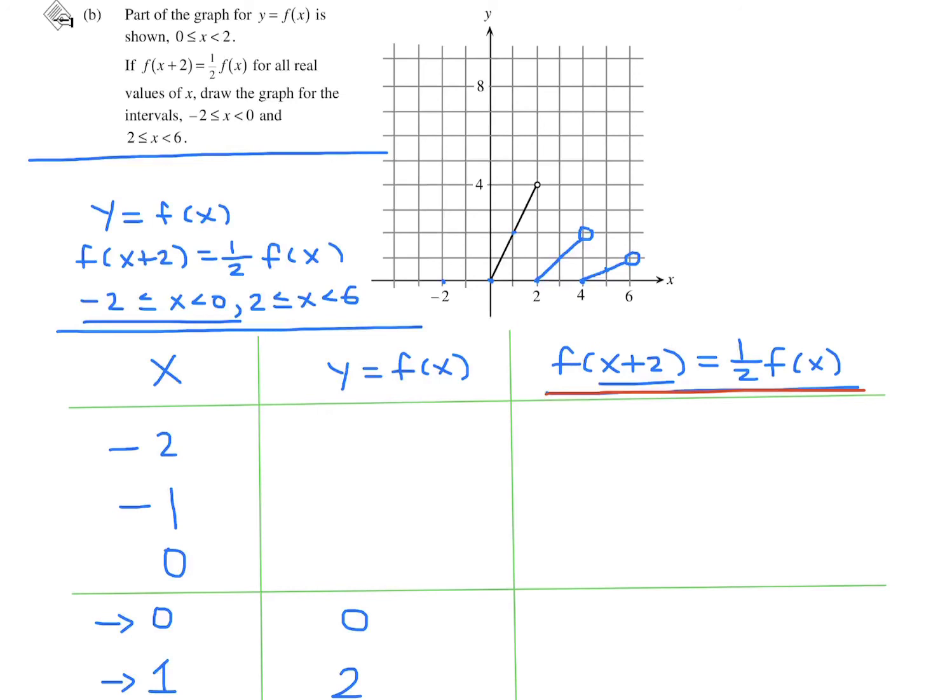So, for example, if this is 2, this was 1, and this is a half. So a half right here, 1 here, 2 here, so it's got to be 4 if you're following that for minus 1. So minus 2 is 0, so minus 1 will be 4, so up here.